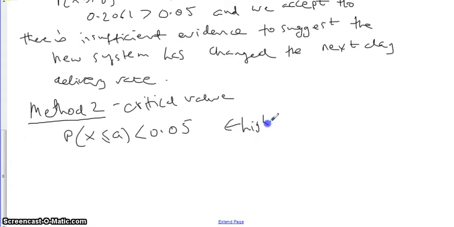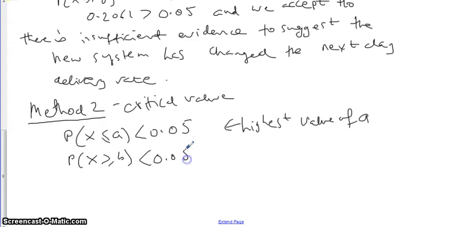And then we can also have the probability where x is greater than or equal to b is less than 0.05, so we want the right hand tail, in which case we want the lowest value of b.